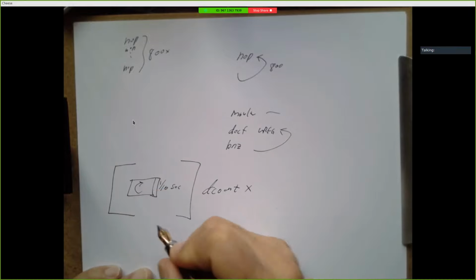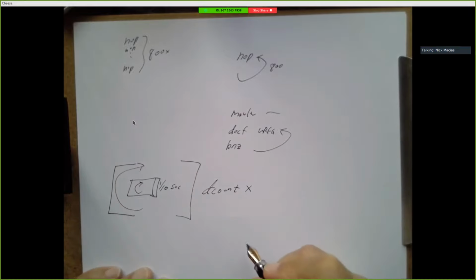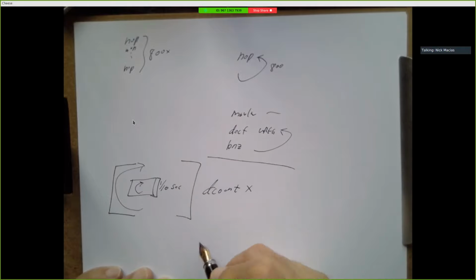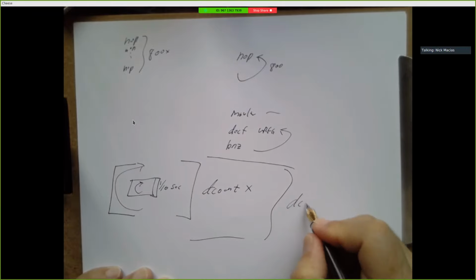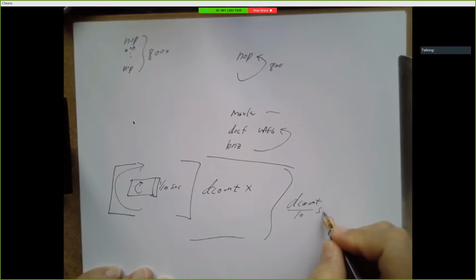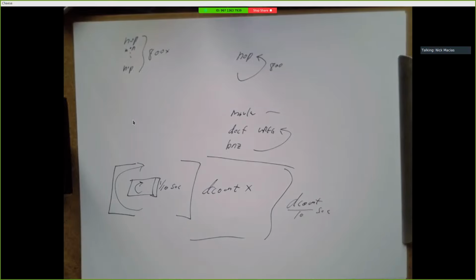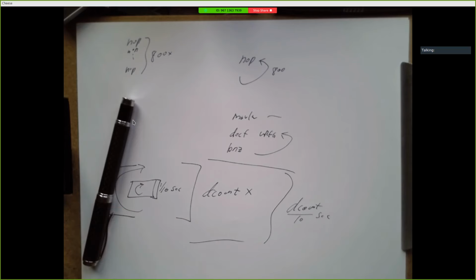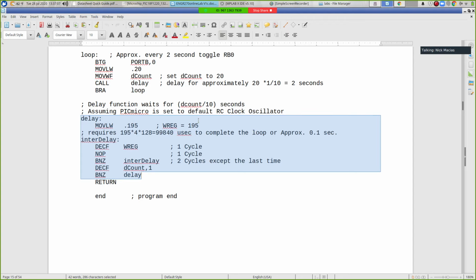So this is sitting here and it keeps looping back, and this outer loop keeps jumping up, and so from here to here takes dcount over 10 seconds. And then at the end, after decrementing, dcount reaches 0, we execute a return.